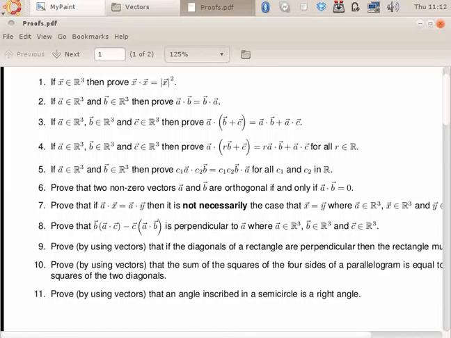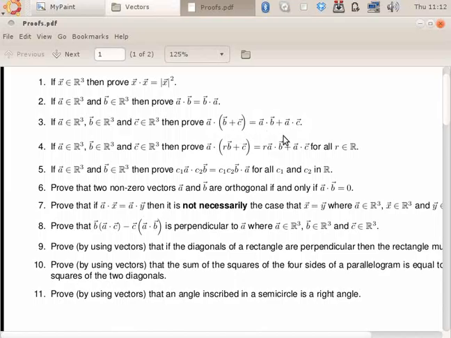But in number 3, I'd like you to show that A dot (B plus C) equals A dot B plus A dot C. So I think most of you should be able to try and do this successfully. So just for a minute or two, try it, and then I'll give you the answer.